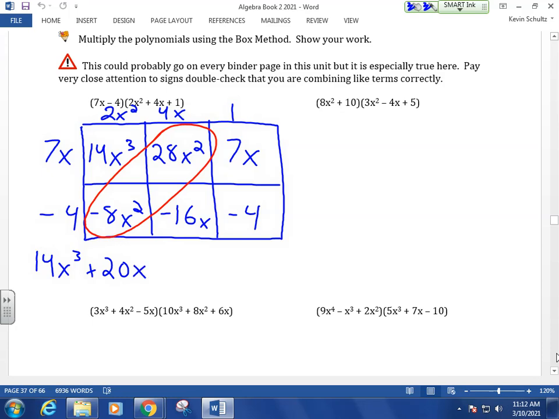So it's going to be 20x squared. The exponent changes when we multiply them, but not when we add or subtract them, which is what I'm doing now. My x terms, negative 16 and positive 7, is a negative 9x. And then negative 4 is my only constant. That goes at the end. And there's my answer.